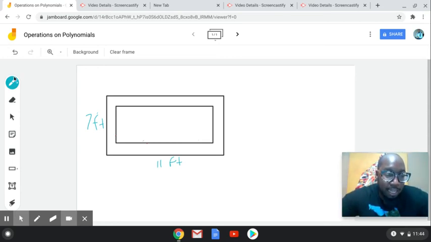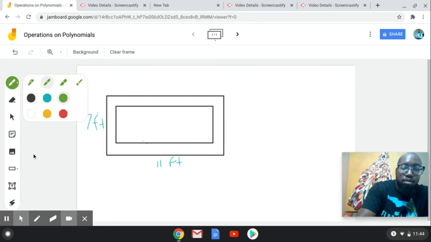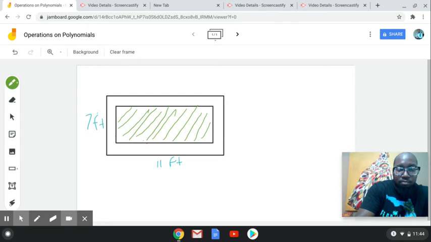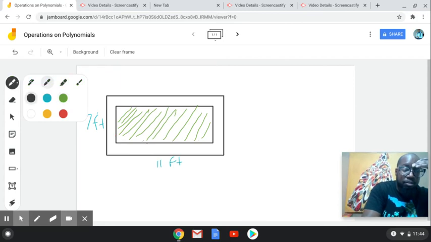Now, let's say inside of this border, you have a garden. The garden goes from here to here. Let's say you don't know what the length and the width is of that one, though. But let's say that the measurement from the outside border to the garden has a length of x.